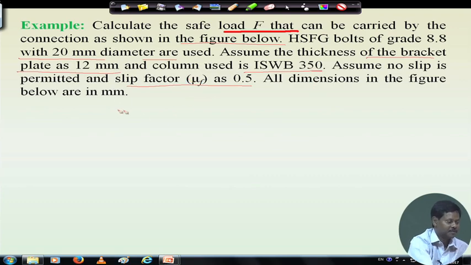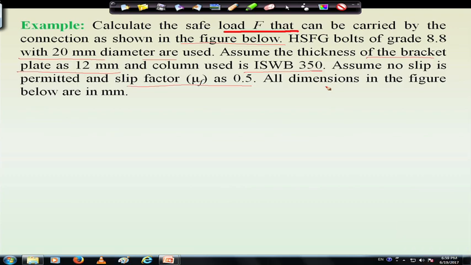All dimensions in the figure are given in millimeter. So, if we try to solve this problem, it will be clear to us.